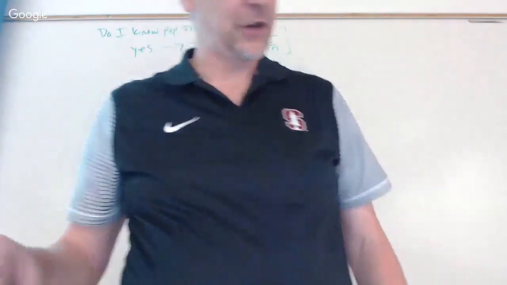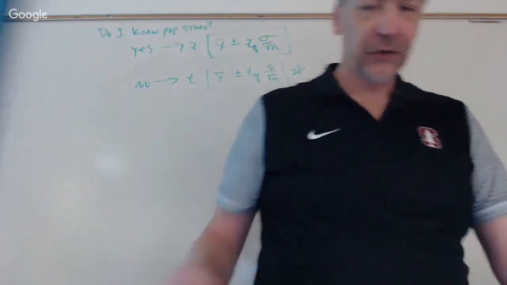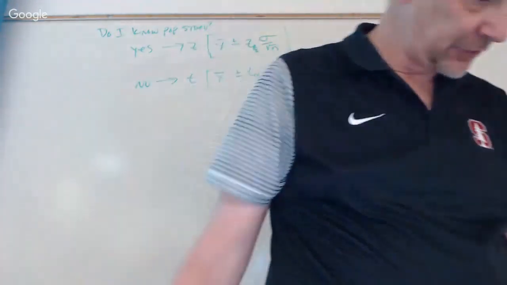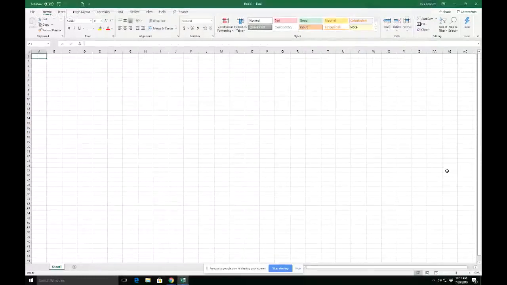All right, so here's what we're going to do. Let's use example 20.3 on page 455. I'm going to share my screen here. And we're going to figure out how to do a T confidence interval.